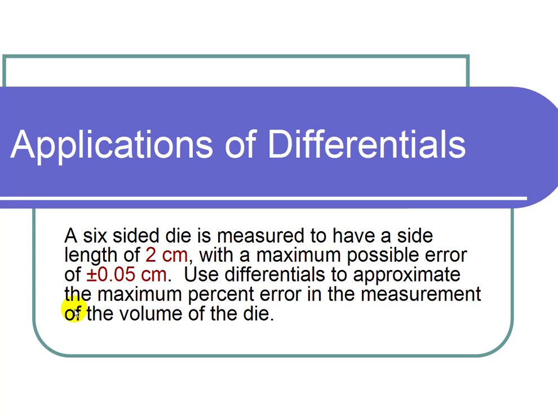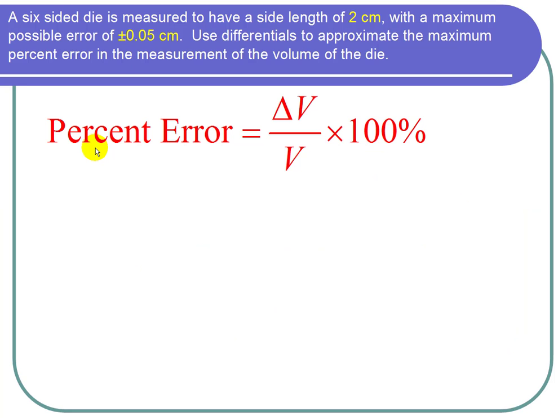So first, let's remember the definition of percent error, which is that percent error is equal to delta V divided by V times 100%, where for us our V is our volume of the die.